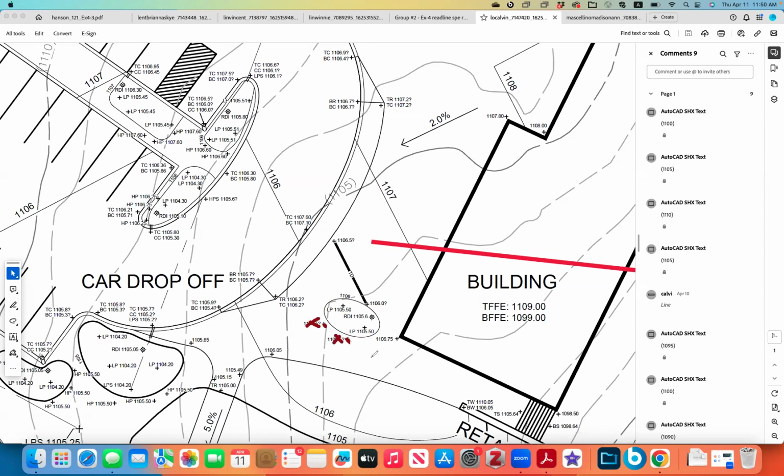Okay. All right. Right. So the wall will be at the plaza elevation. And the bottom of the wall will be the LP elevation. So you got that covered, but you definitely need a wall over there. All right.